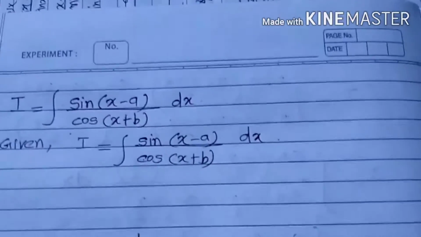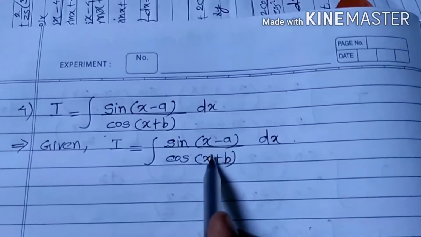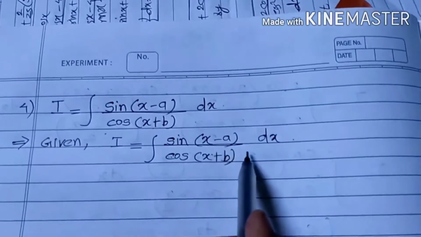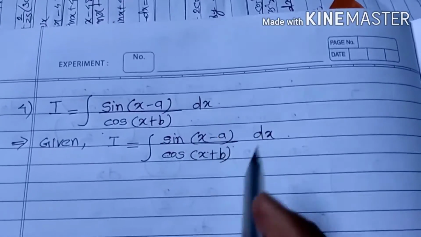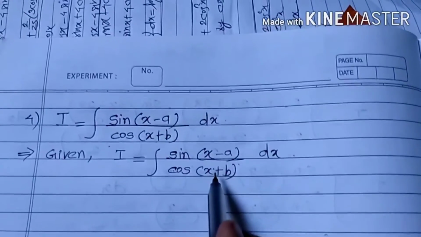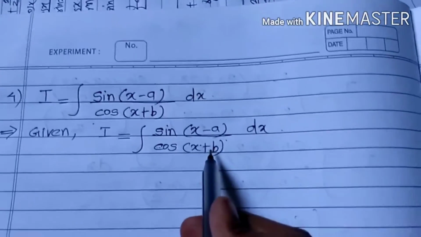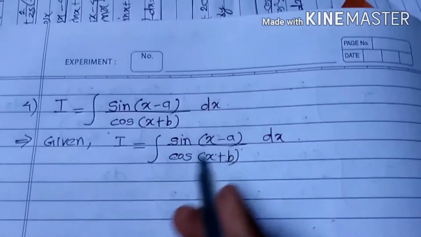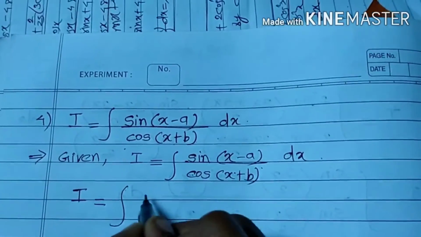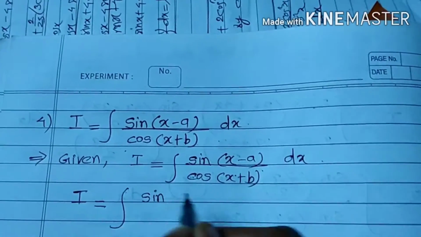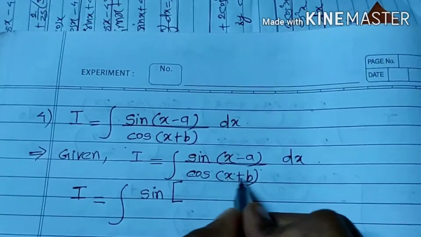So here we have to adjust the denominator angle into the numerator. Sorry, here we have to adjust only the angle in the numerator. So what is the angle of the denominator, x plus b, which we adjust in the numerator? So write here I is equal to integration sine. So what is that angle? This is x plus b.